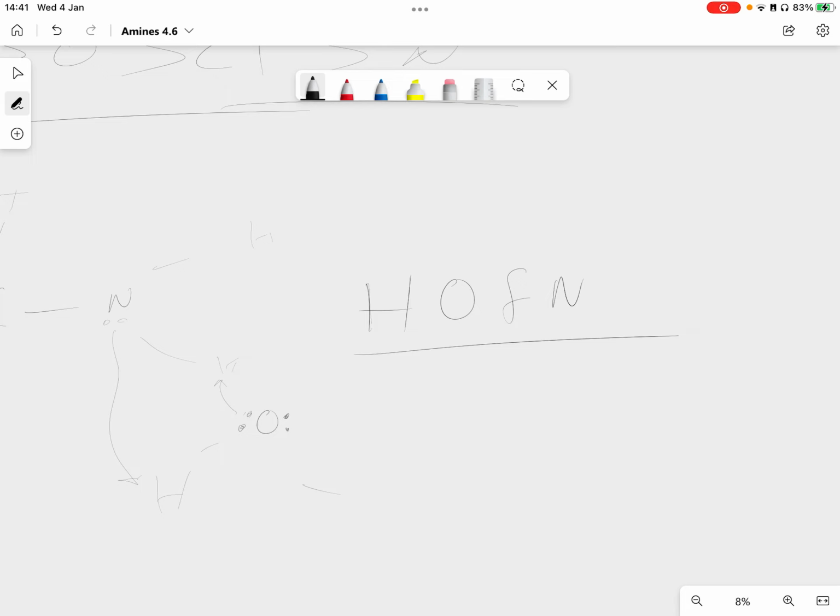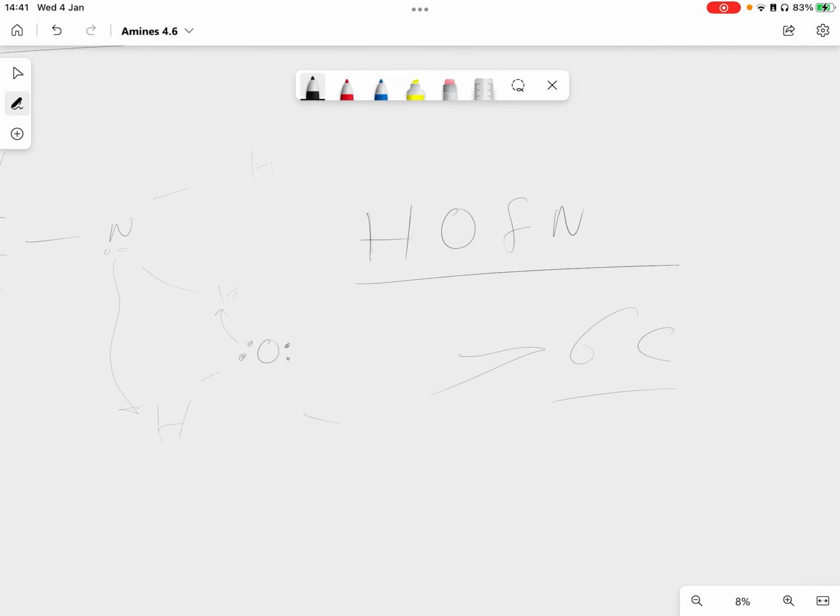So it's sparingly soluble after carbon 6. So greater than 6 carbons, sparingly soluble or not soluble at all. Phenylamine, however, is sparingly soluble, because it's on that carbon 6 cusp, and of course you've got the stability of your benzene ring.